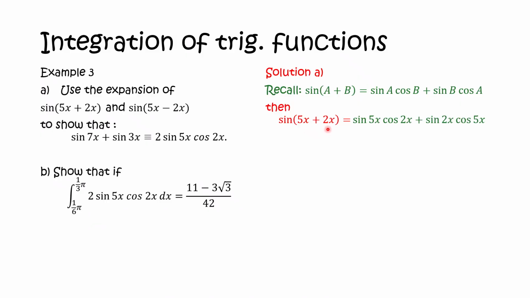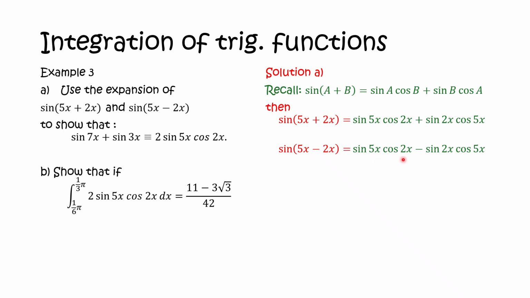Then we are saying that for sine 5x plus 2x, this can be expressed as sine of 5x times cos of 2x plus sine 2x times cos of 5x. The same goes for sine 5x minus 2x.